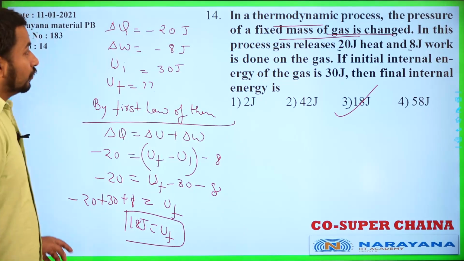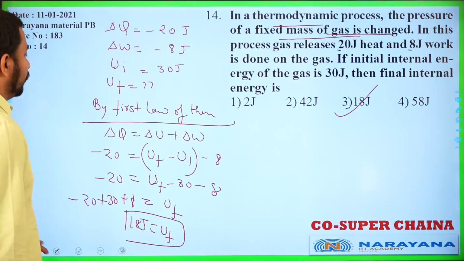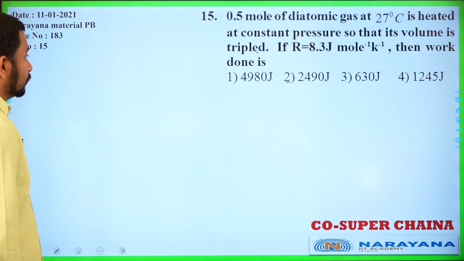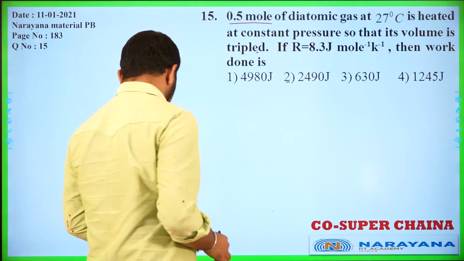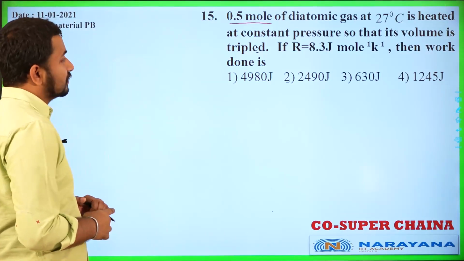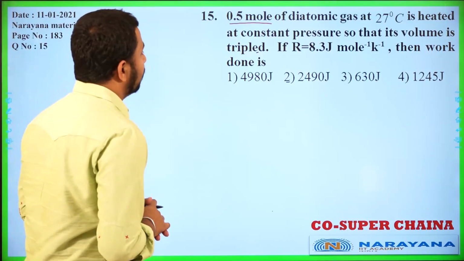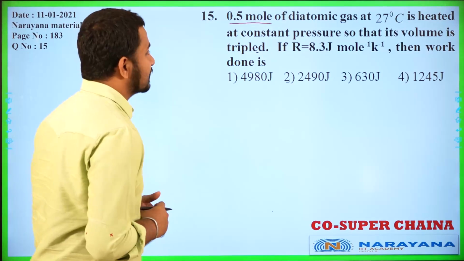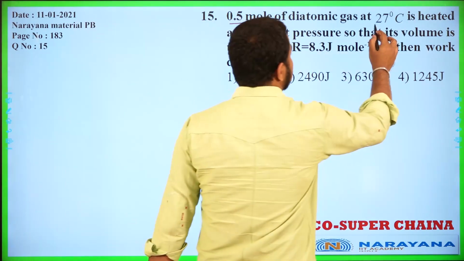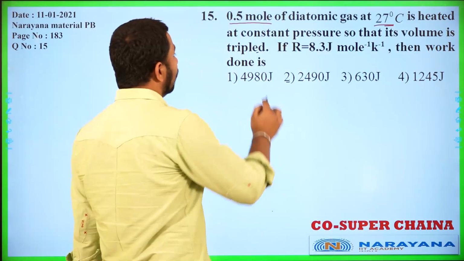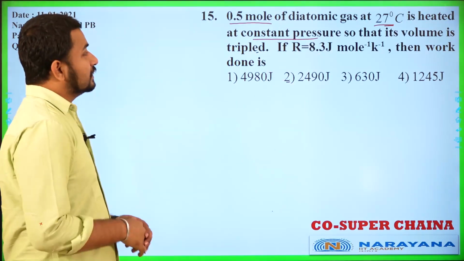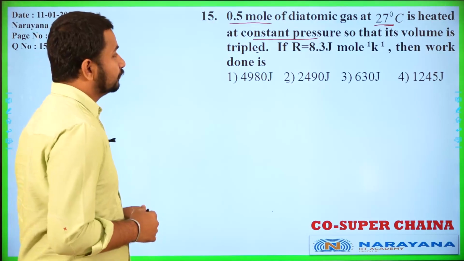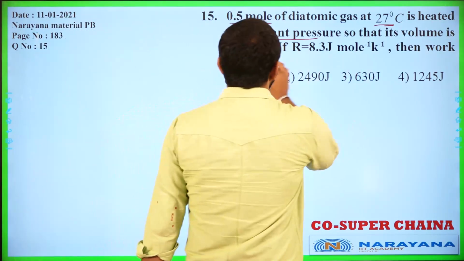Okay, so this is what you have to do here. Let's move to the next question, student. Now this is the last question of today's paper discussion. If you see here, 0.5 mole of diatomic gas at 27 degrees Celsius is heated at a constant pressure, so that the volume is tripled.